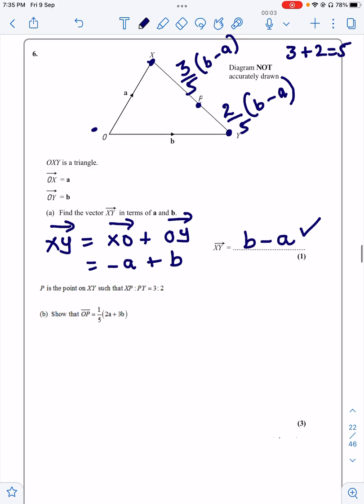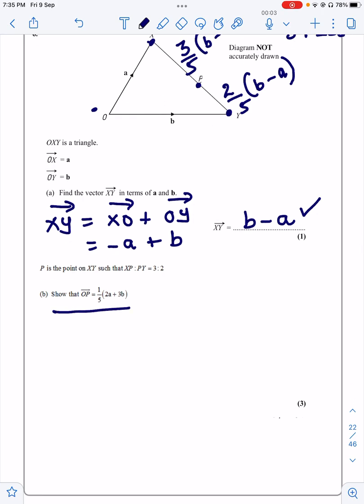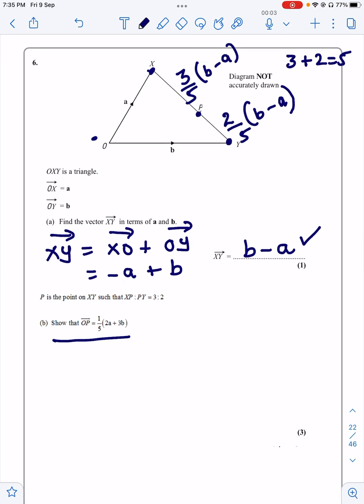Now they are asking us to show that OP is 1/5 (2a plus 3b). OP. So first always draw the line OP and write the path. If I have to go towards OP, I cannot directly go because I don't have this value.